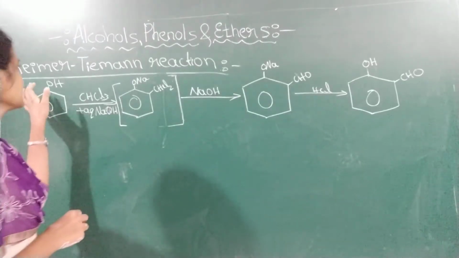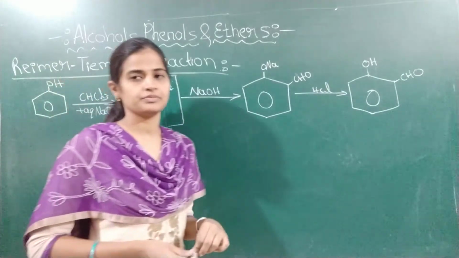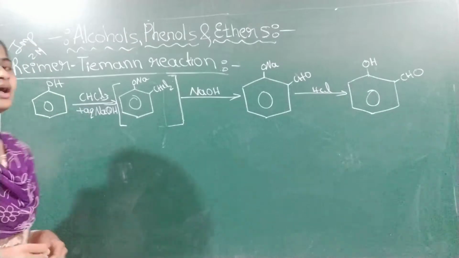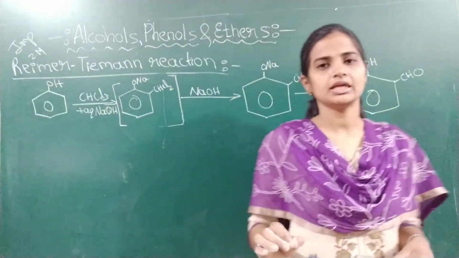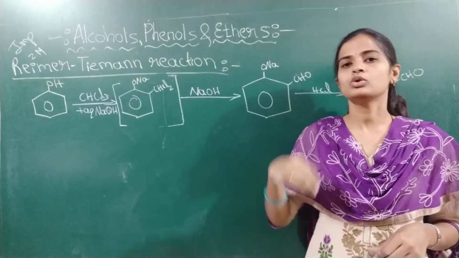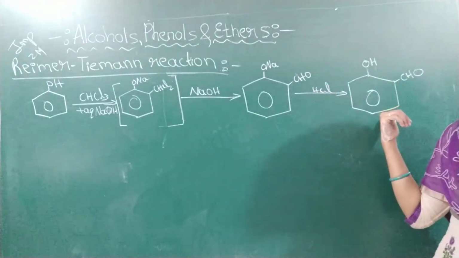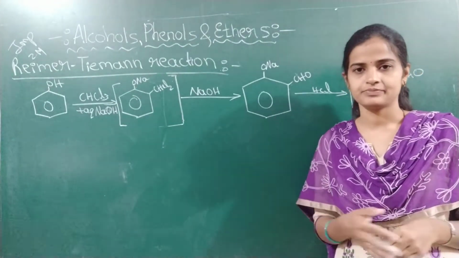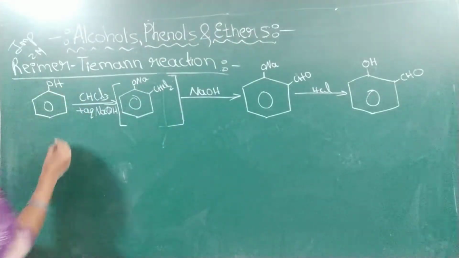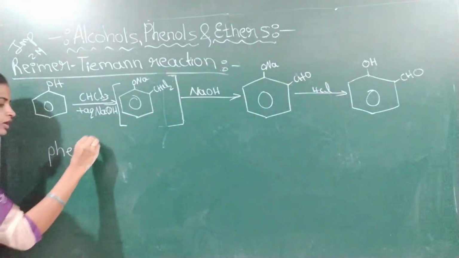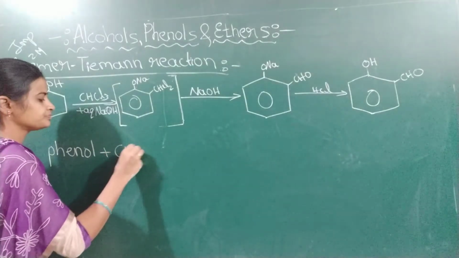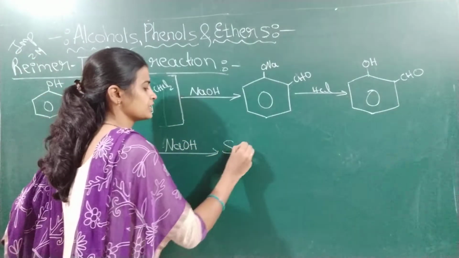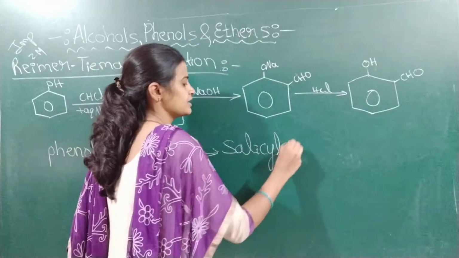The next reaction is Reimer-Tiemann reaction. This is also marked as important for 2 marks. Reimer-Tiemann reaction is the method for the conversion of phenol to salicylaldehyde, and also phenol to salicylic acid. When phenol is treated with chloroform, CHCl3, in the presence of NaOH, it gives salicylaldehyde.